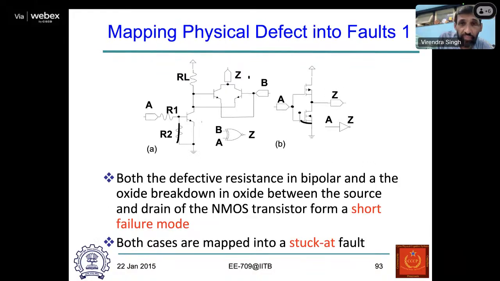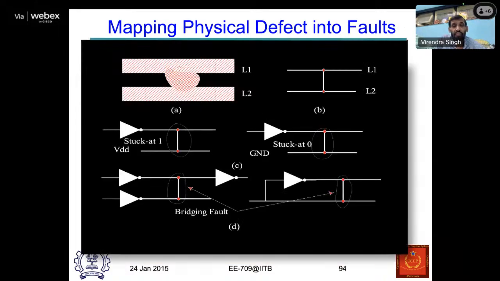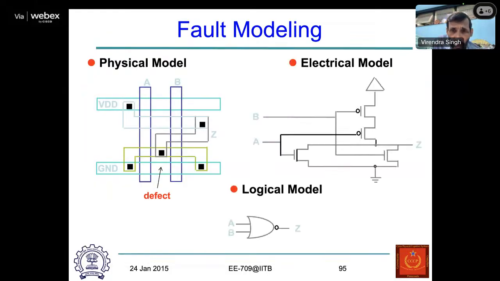There may be other kinds of physical defects that can come, like a short between the gate and source, or there can be some resistance that we did not intend in manufacturing. All these kinds of defects can come. So here it is showing multiple kinds of defects. Now these defects are numerous.